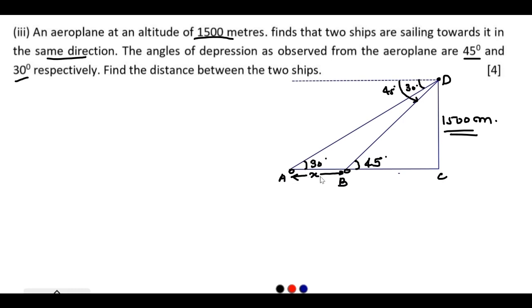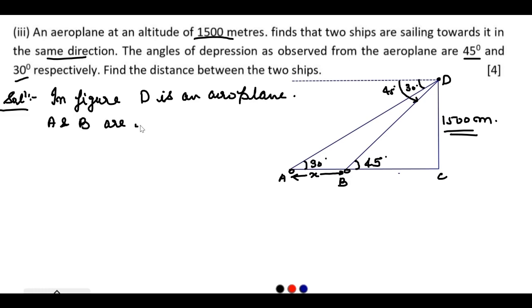In the figure, D is an aeroplane, A and B are two ships and let AB be x meters.